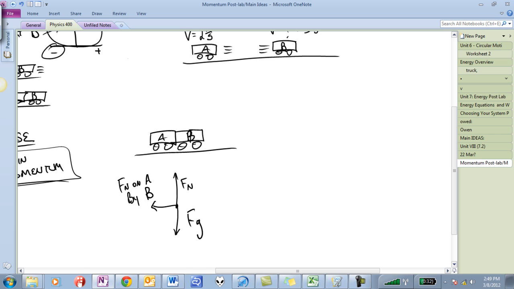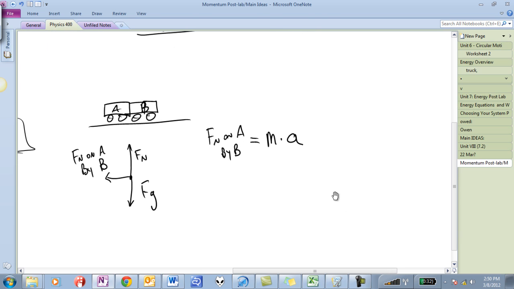And so what we can do is we can then go through and we can say, okay, well, the Fn on A by B is what is causing the acceleration. So we can say that is equal to mass times acceleration. And as you guys remember in class, what we did was we made a substitution.